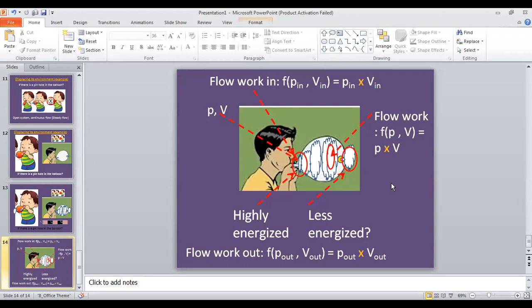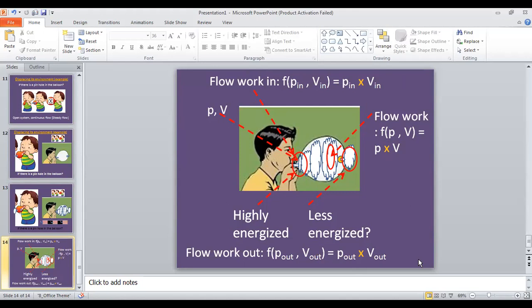Just remember that. So blowing V volume here at pressure P, the work done on the fluid is PV. This work done from the mouth, somehow we are getting some push, and then this PV work comes out, and this is the flow work. In the same way, the in-flow work is P_in V_in, and the out-flow work is P_out V_out.